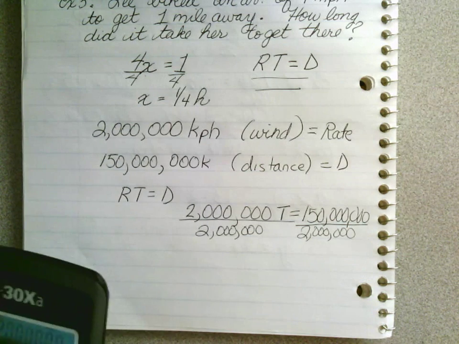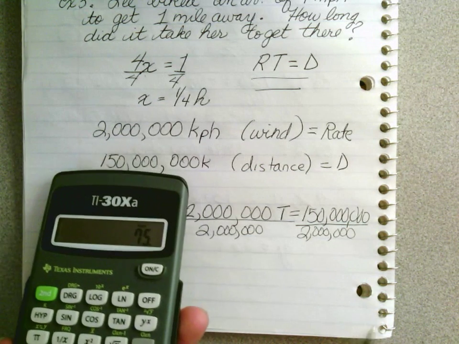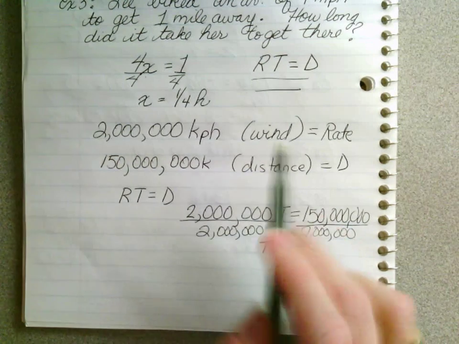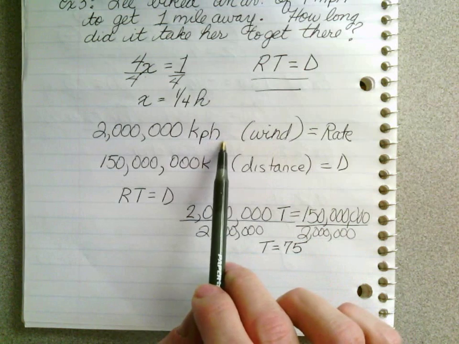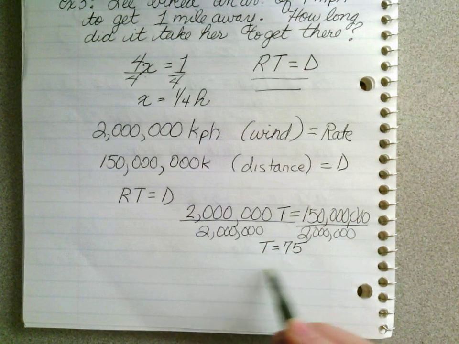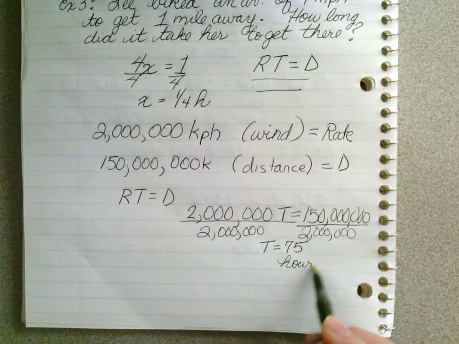I end up with 75. Time tells me 75. Now, since it's kilometers per hour, it sounds to me like it takes 75 hours for solar winds to reach us.